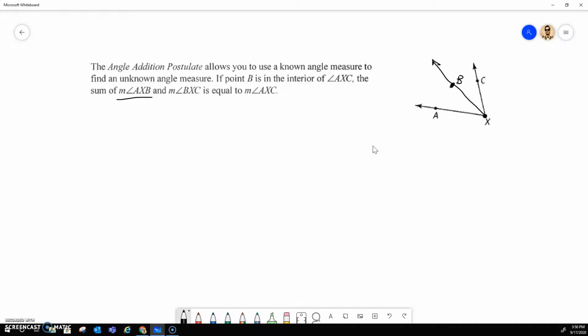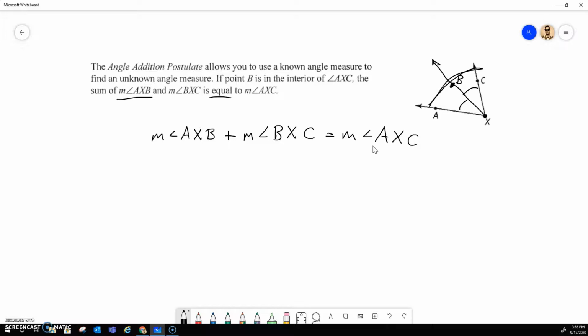It says if B is the interior of this larger angle right here, then the sum of the measure of angle AXB, which is this angle right here, sum being addition, and the measure of angle BXC, which is this right here, should be equal to the measure of AXC, which is this total angle of the 2 smaller angles combined.